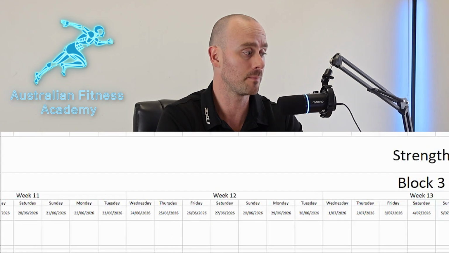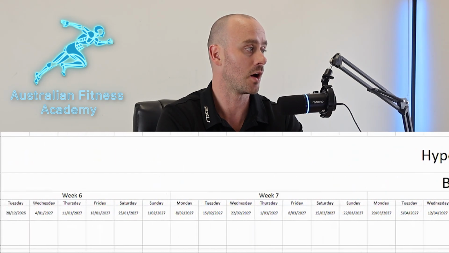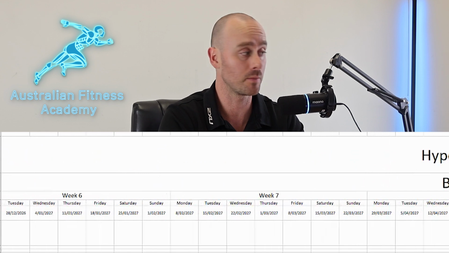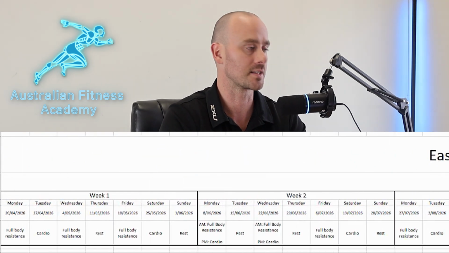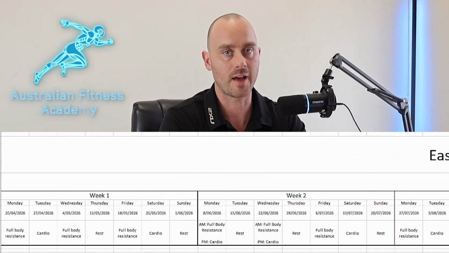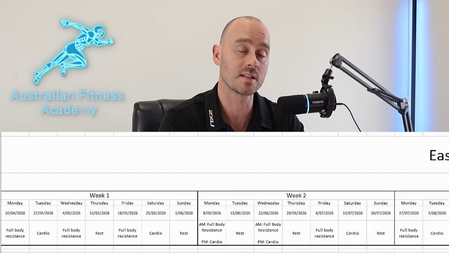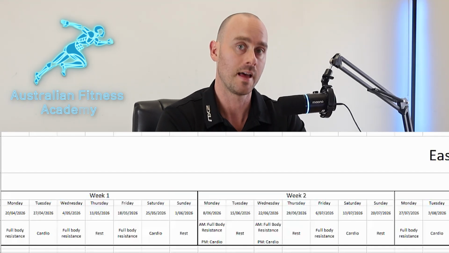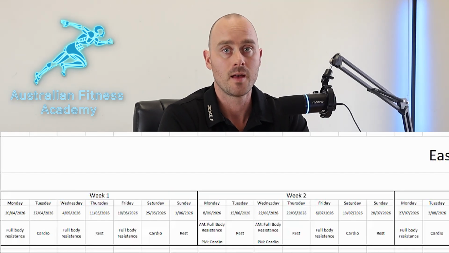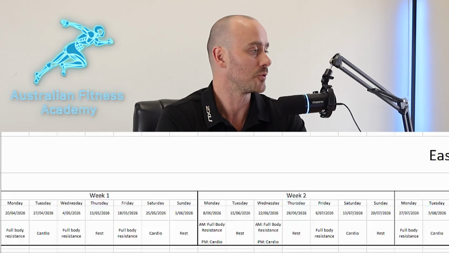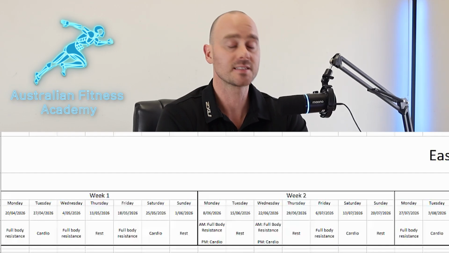So my strength block may have a different weekly structure to my hypertrophy block, and my hypertrophy block may have a different weekly structure to my initial build-in phase. So the weekly structure might change depending on goal. So that's something to consider as we start to build out this program. But we're going to look at some examples here and just discuss the differences.